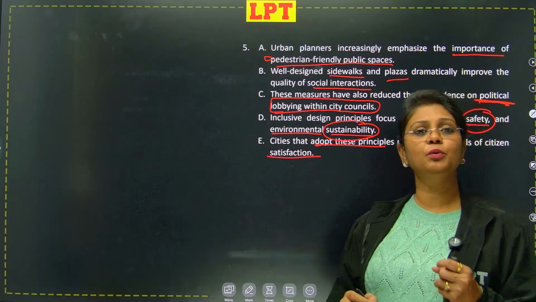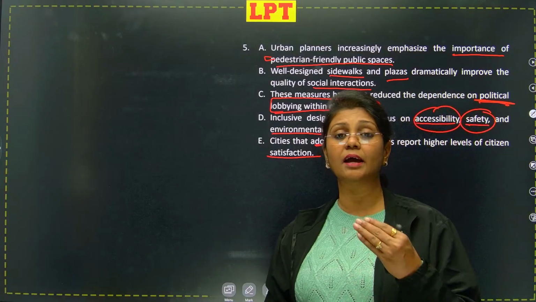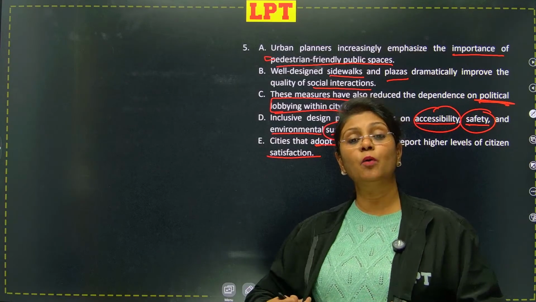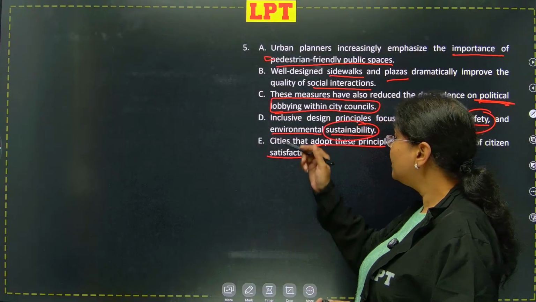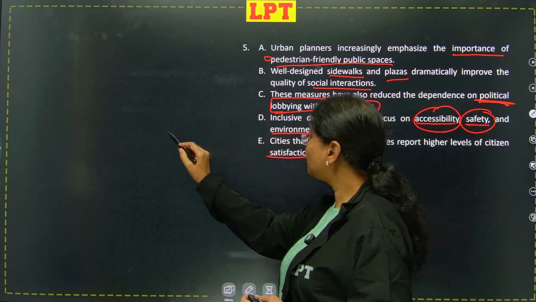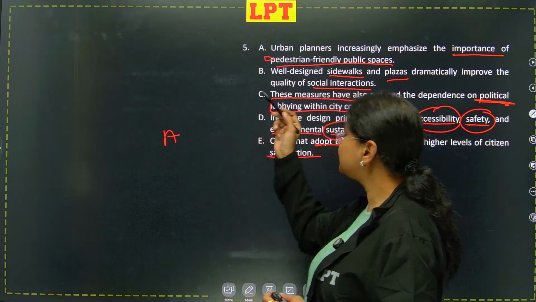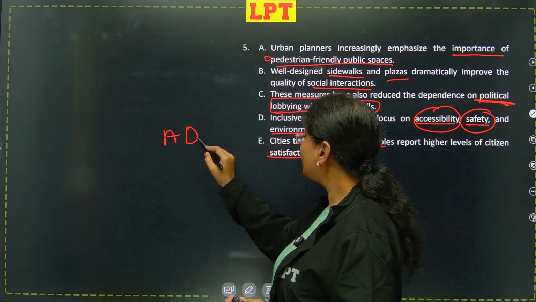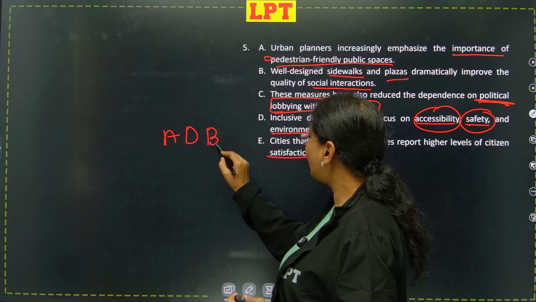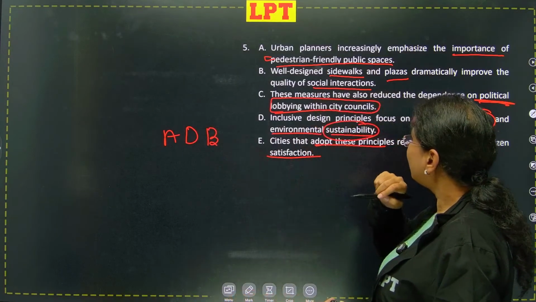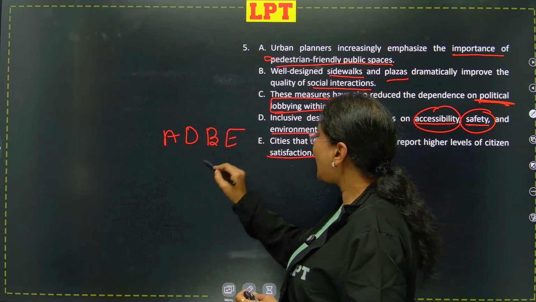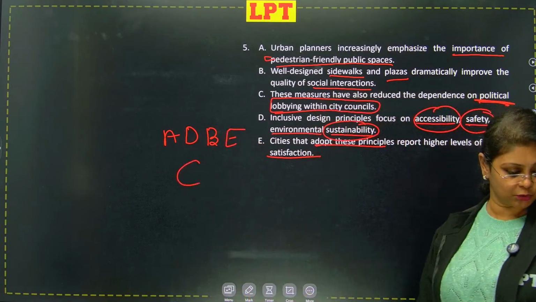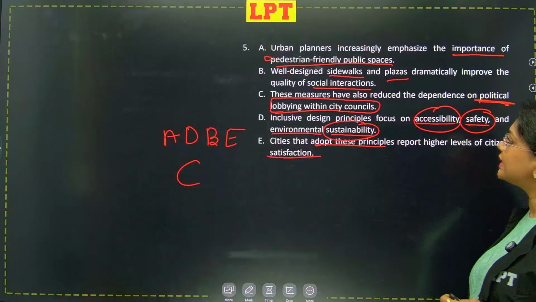For those of you who have read these sentences and understood them correctly, I hope you understood that we would go by the sequence that starts with A, then you have D, and then you have B, making C the odd one out. So this is the sequence that we were looking for.